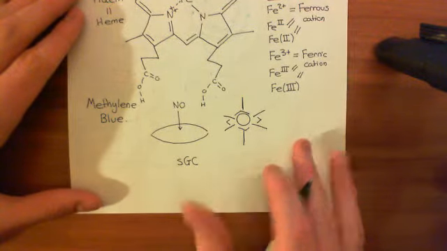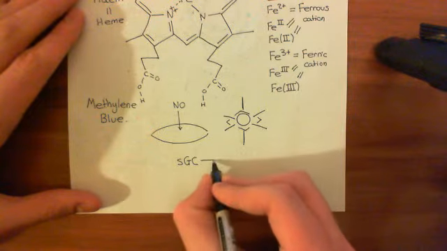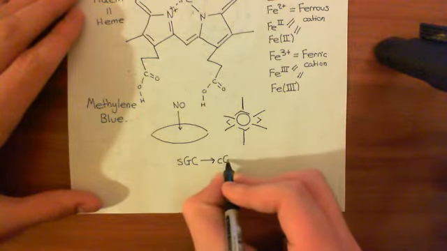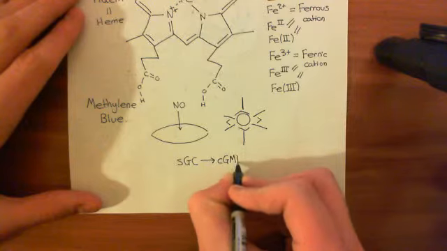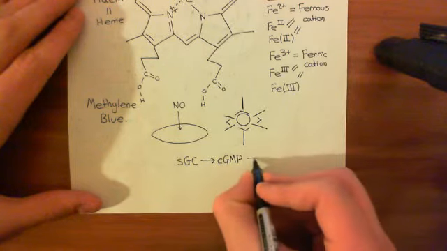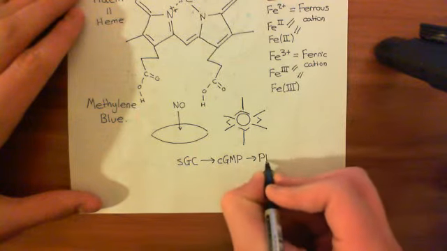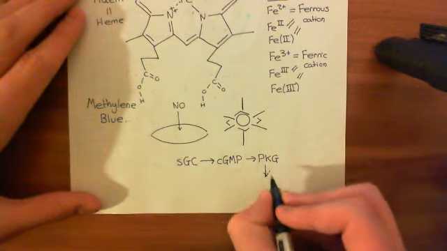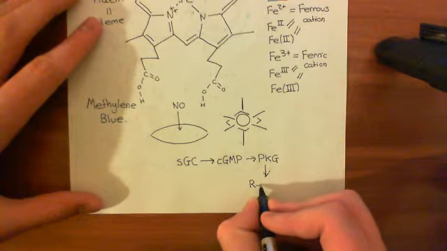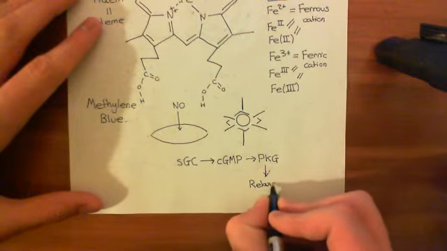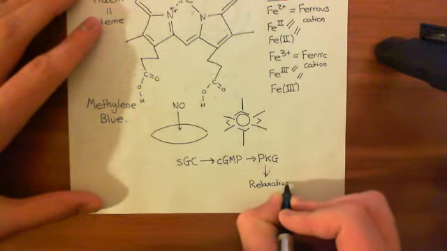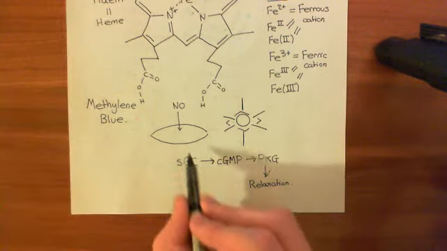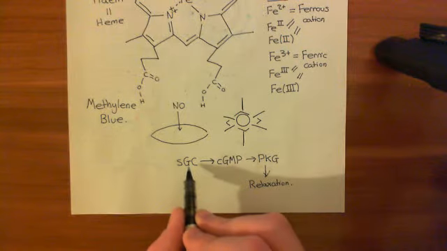Soluble guanylate cyclase is then going to start producing cyclic GMP, which will activate protein kinase G, which will cause relaxation of the smooth muscle cell. So the point is that the main activity of nitric oxide is on this soluble guanylate cyclase.